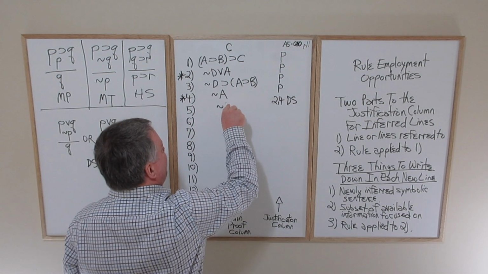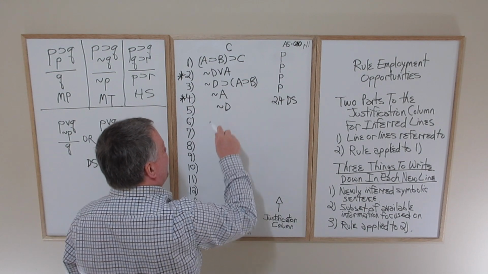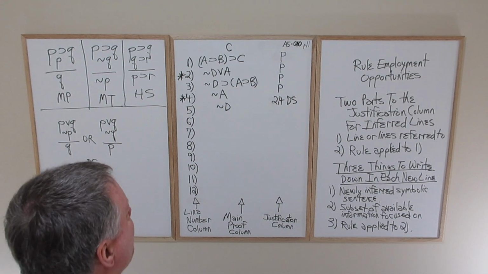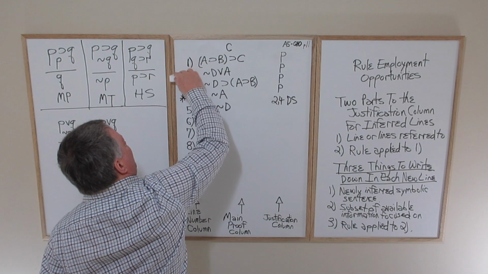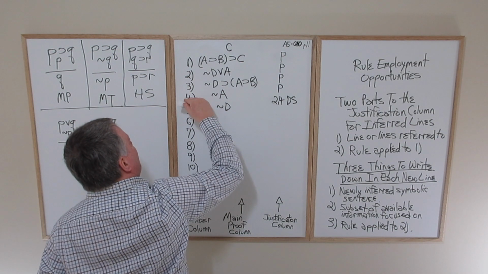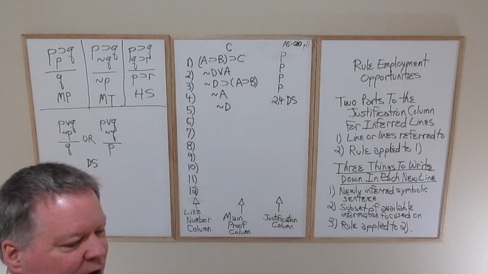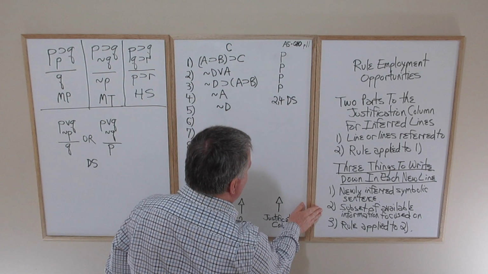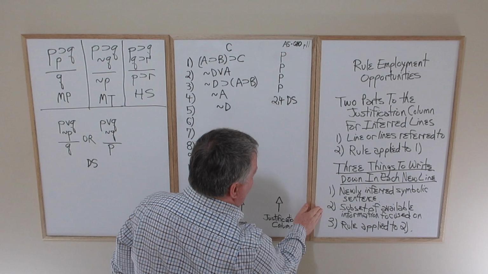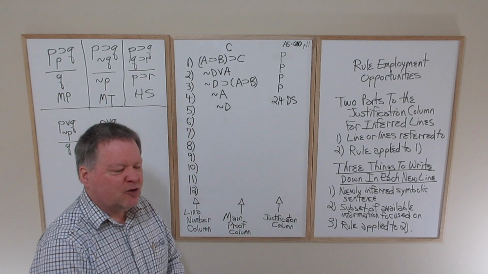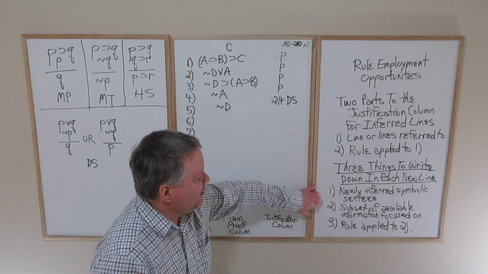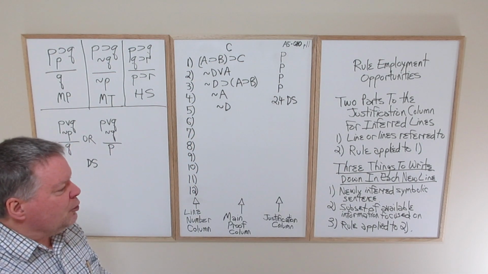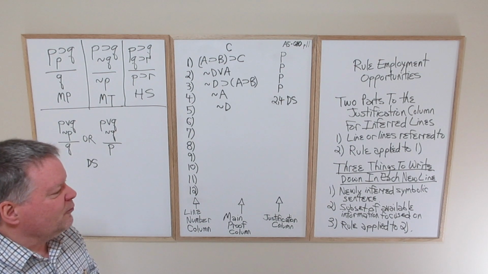That entitles us to validly infer the left disjunct, tilde D. So notice, always 3 things to write down for every new line of inference: the newly inferred symbolic sentence, the subset of available information that you focus on in order to infer that sentence, and the basic rule you apply to that subset of information.